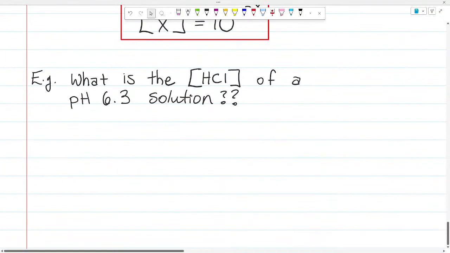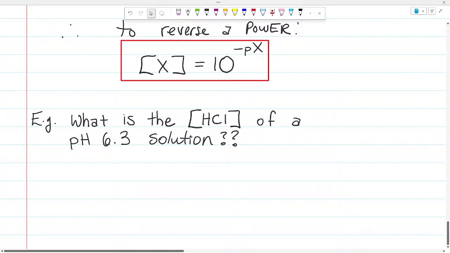What is the concentration of HCl of a solution that has a pH of 6.3? And I want you to try this one yourself, but what to do is right above. This is an easy question. Not meant to be tricky. One step. Before you do that, I'm going to put my tensor. I'm not going to do it on this computer, because I'm already streaming.